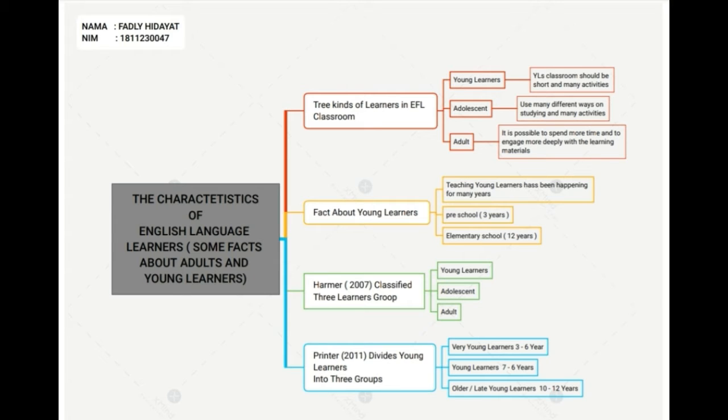Adolescents can use many different ways of studying and practicing language. And then it is possible for adults to spend more time on learning tasks, so it is possible to engage more deeply with the learning material.